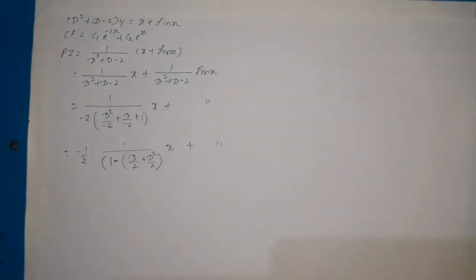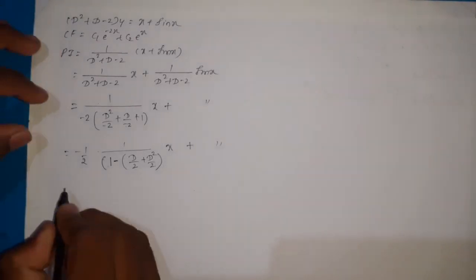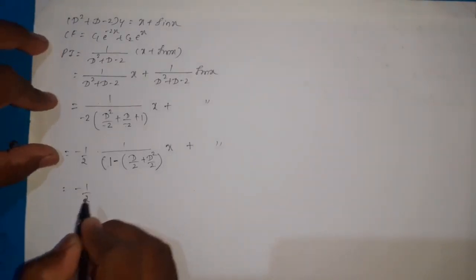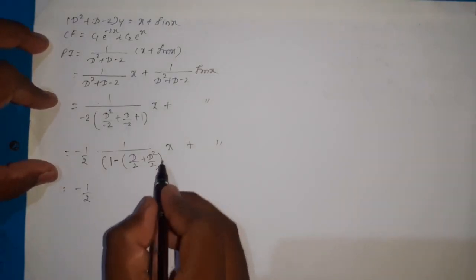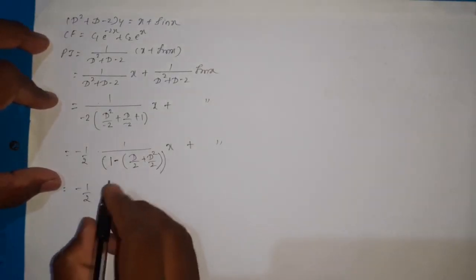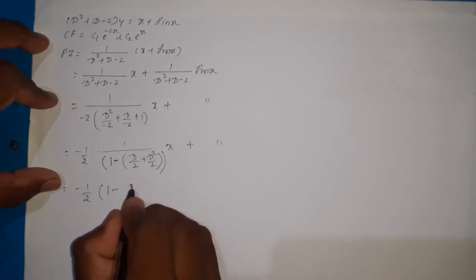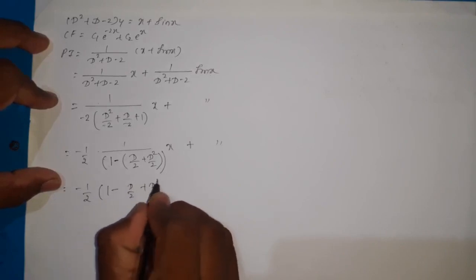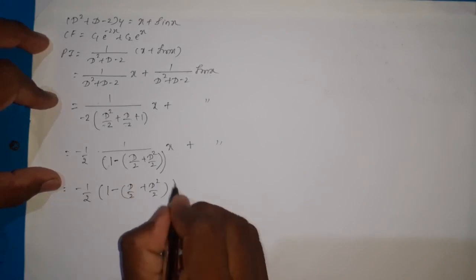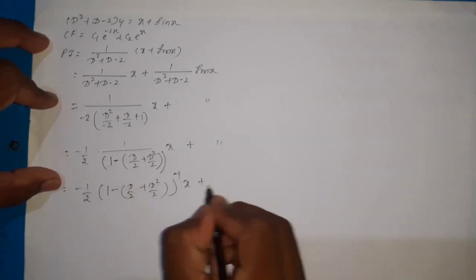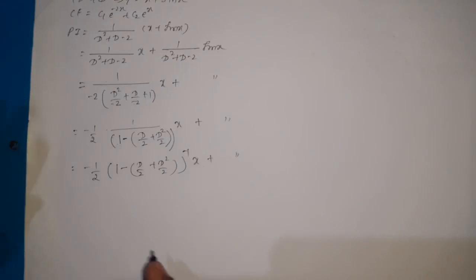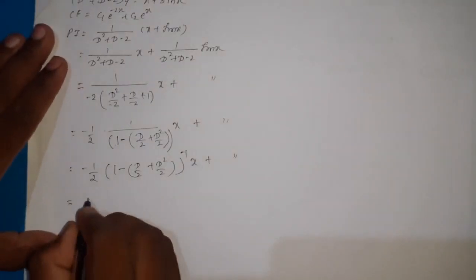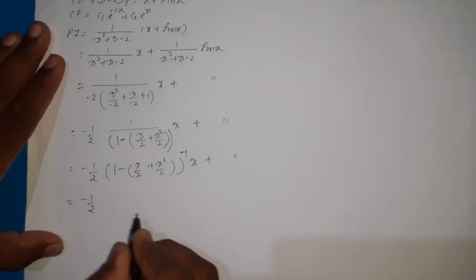This is as it is, means we have to write the solution. Then it is minus 1 divided by 2, and here take this to the numerator, that becomes 1 minus d by 2 plus d square by 2 whole power minus 1 into x. Then this is equal to minus 1 divided by 2.